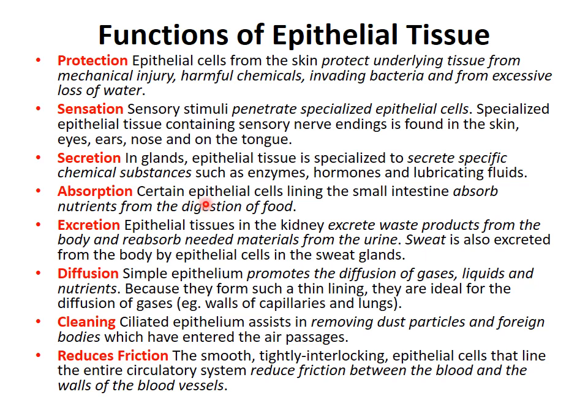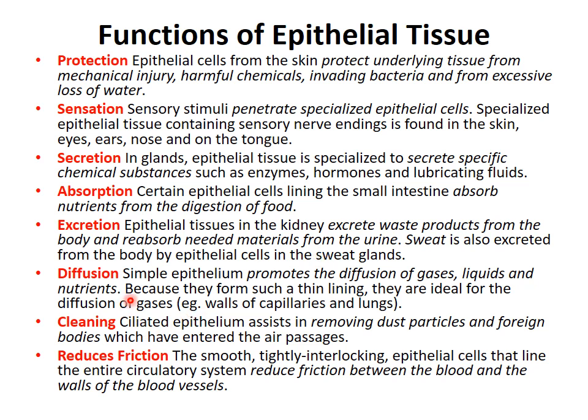Certain epithelial cells line the small intestine and have surface modifications like the microvilli, and they absorb the nutrients from the digestion of food. Then excretion. Epithelial tissues in the kidney excrete the waste products from the body and reabsorb the needed material from the urine. Sweat is also excreted from the body by the epithelial cells in the sweat glands.